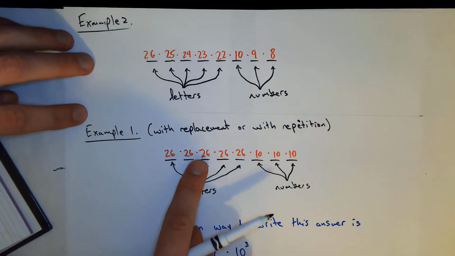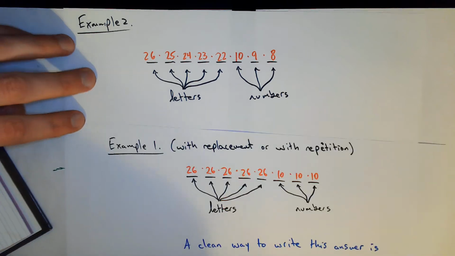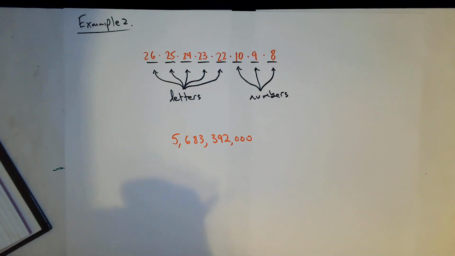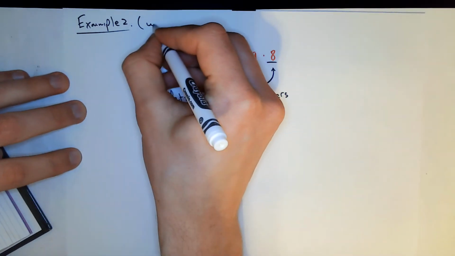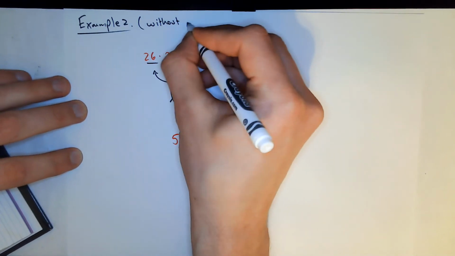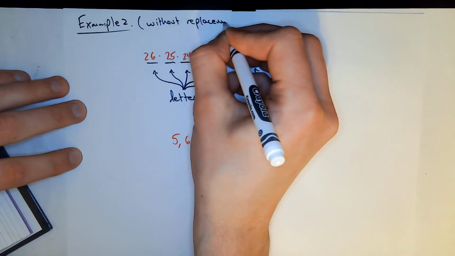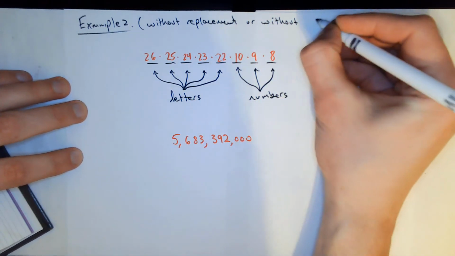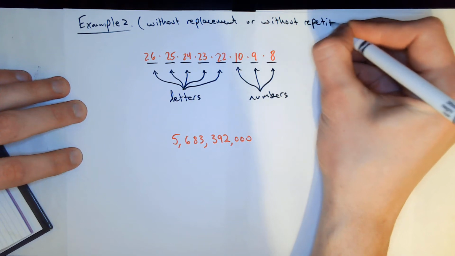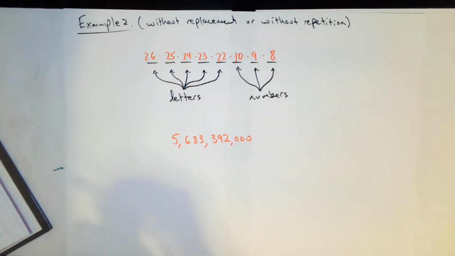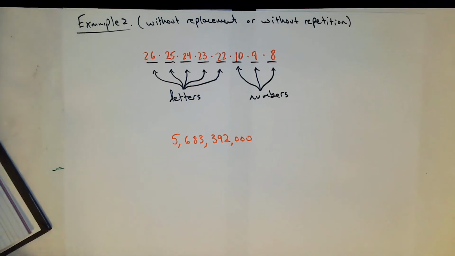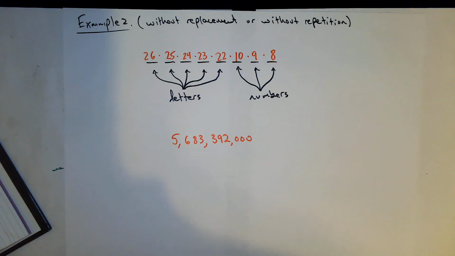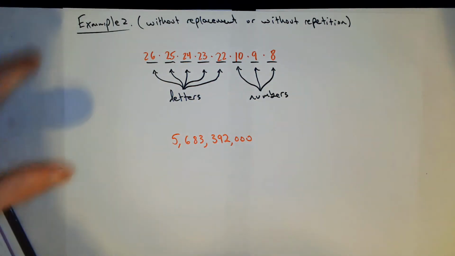So you can repeat letters and you can repeat numbers. Now example 2 is a good example of something without replacement or without repetition. Things like that should be stated in whatever problem you're doing, whether or not repetition is appropriate or not.